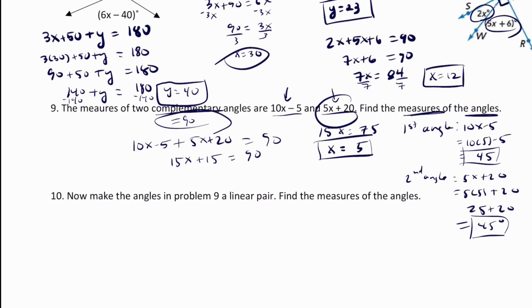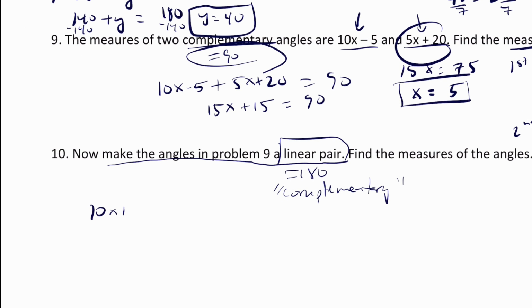Okay. The last problem is: now make the angles in problem 9 a linear pair. That means we have to set this equal to 180. So 10x minus 5 plus 5x plus 20 is equal to 180 degrees.